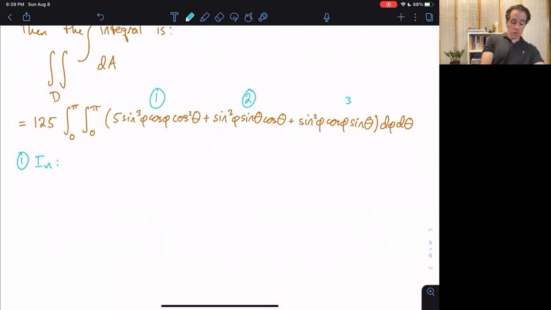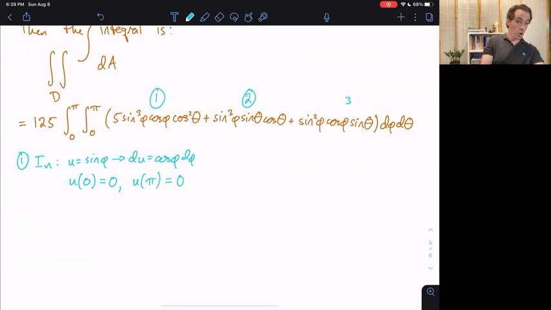For the inner, we can say u equals sine of phi, making du equal to cosine phi d phi. All right, and then the integral becomes, well, let's get the bounds of integration as well. U of 0 is 0, and u of pi is also 0.